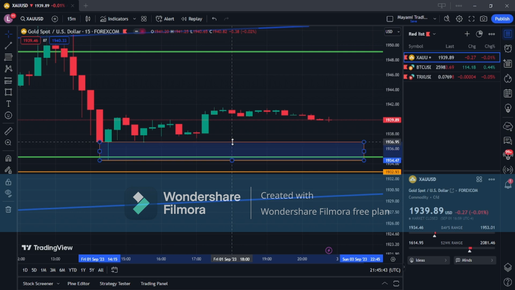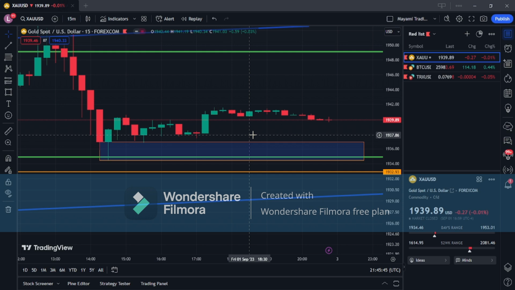Yep, exactly like this, just to be precise. So this wick confirms that this zone is actually a pullback zone. So this is where the reversal action is taking place.